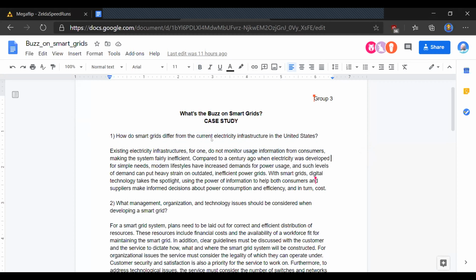Electricity was developed a century ago for simple needs, but modern lifestyles have increased demands for power usage, and such levels of demand can put heavy strain on these outdated, inefficient grids. With smart grids, digital technology takes the spotlight, using the power of information to help both consumers and suppliers make informed decisions about power consumption, efficiency, and in the end, cost.